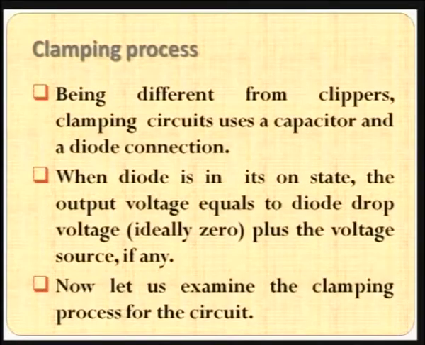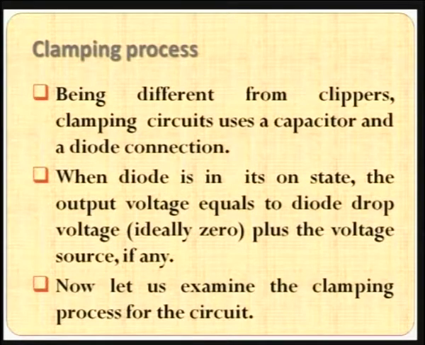That point I have already mentioned. So, here we are going to use a capacitor for charging and discharging, so that the clamping operation is performed. Being different from clippers, clamping circuits use a capacitor and a diode connection.